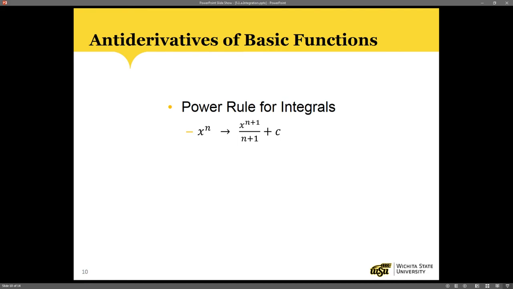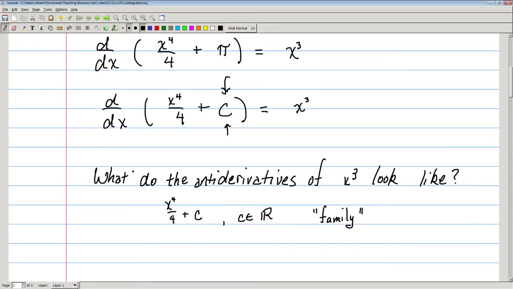So we'll mess with the exponent first, because last time we messed with the exponent last, and then we'll divide last because last time we multiplied first, right? This is what we saw in our notes. To find the antiderivative of x cubed, we increase the exponent by 1 to 4 and divide by 4, and then remember that expression plus any constant will do.